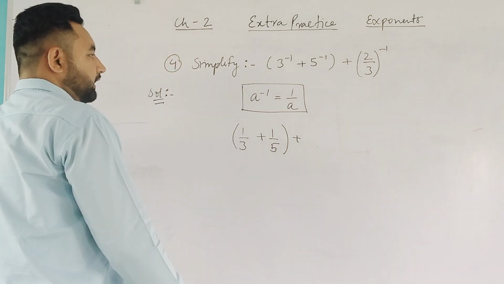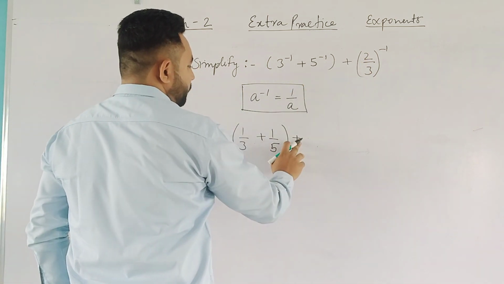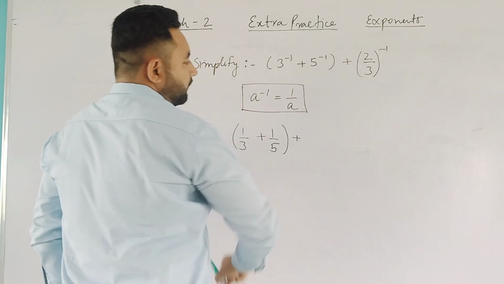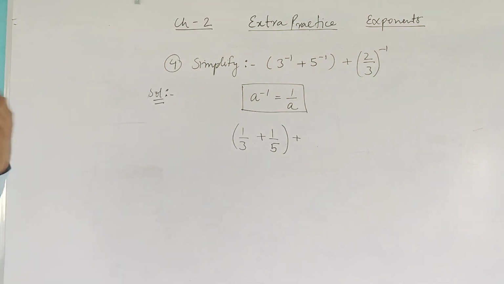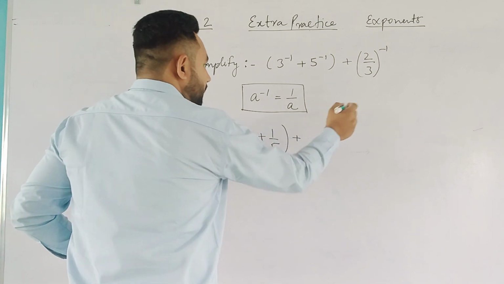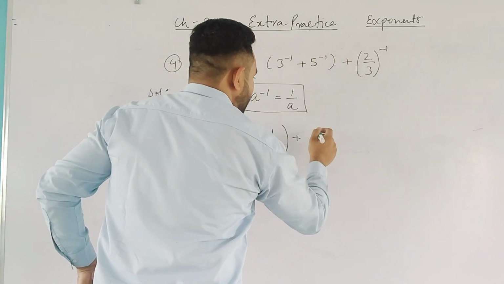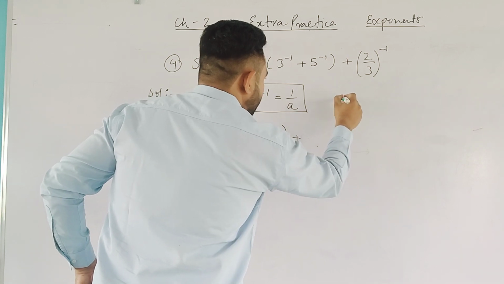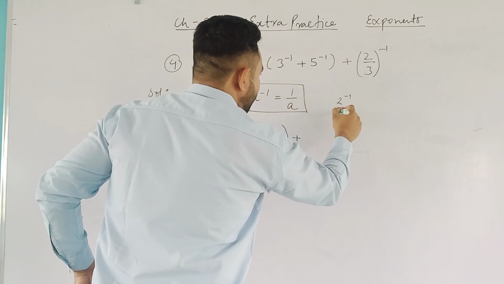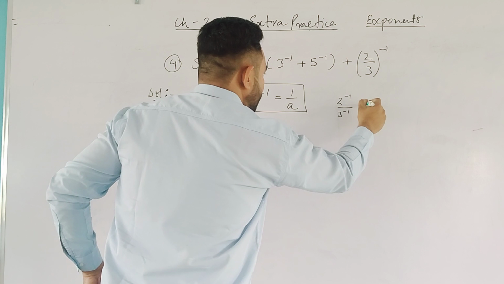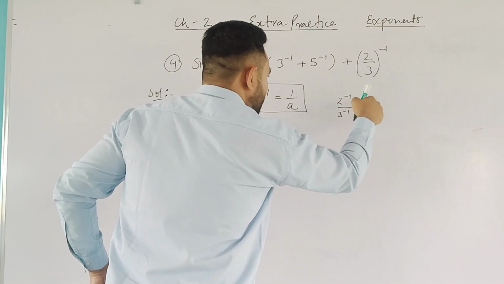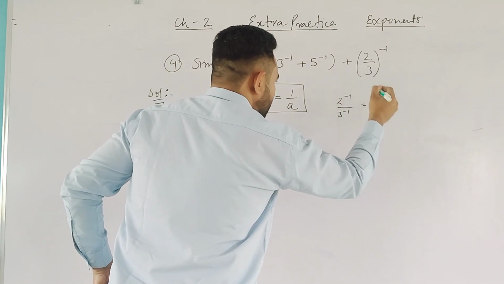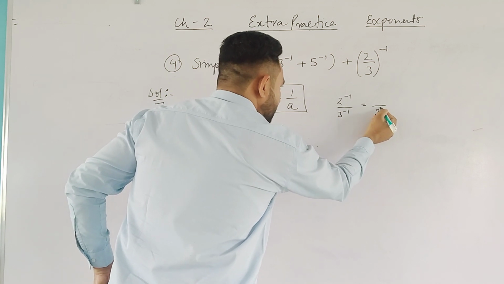Plus, here we have 2 by 3 to the power minus 1. What we will do? We will reciprocate it. It is 2 to the power minus 1 and 3 to the power minus 1. So when 2 will go in the denominator, what will be the power?